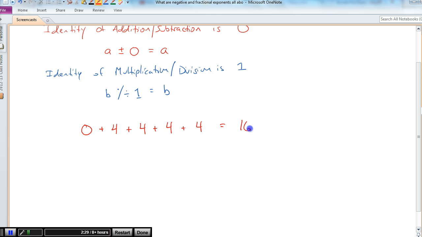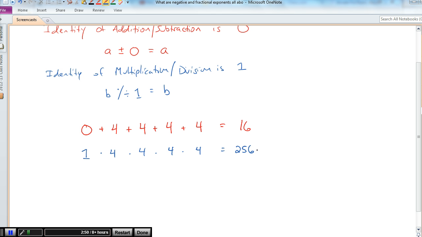I'm going to get 16. And likewise, if I start with the identity for multiplication or division, which is 1, and I multiply 4 four times, I'm going to get 4 to the 4th, which is 16 squared, which is 256.